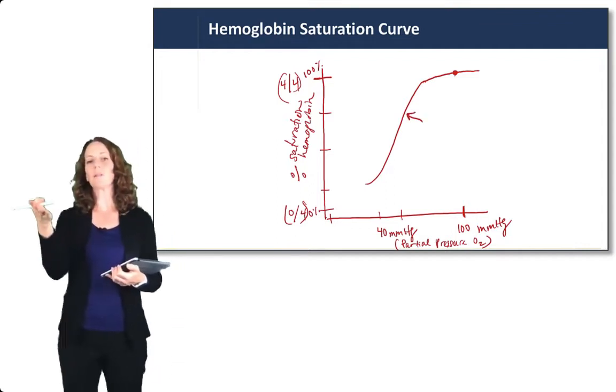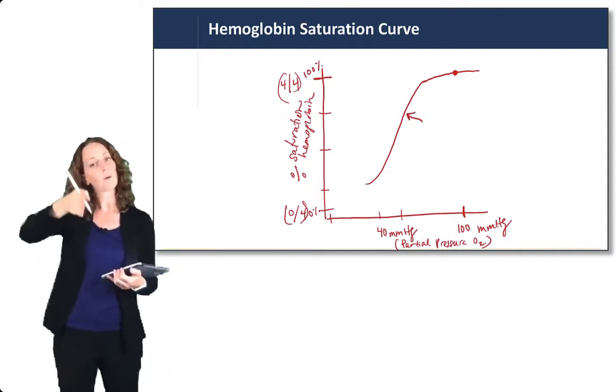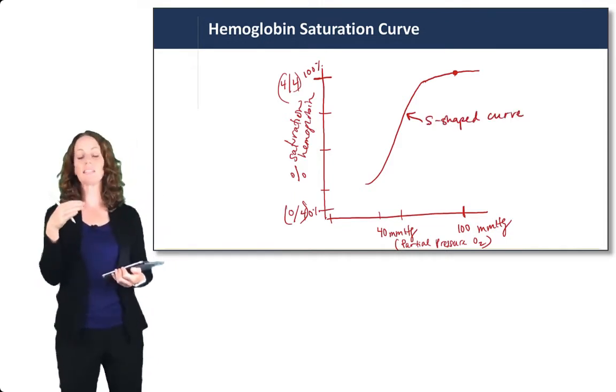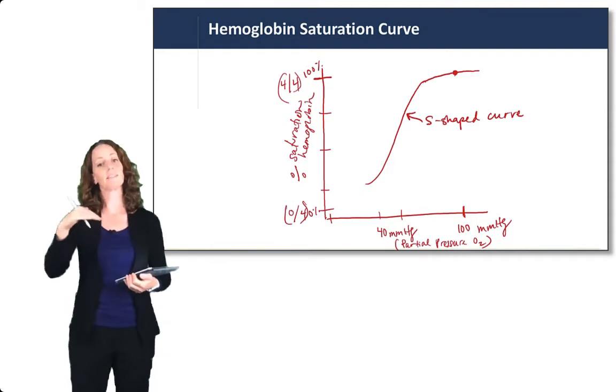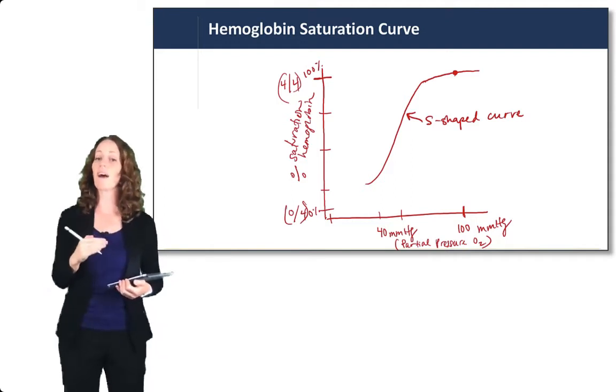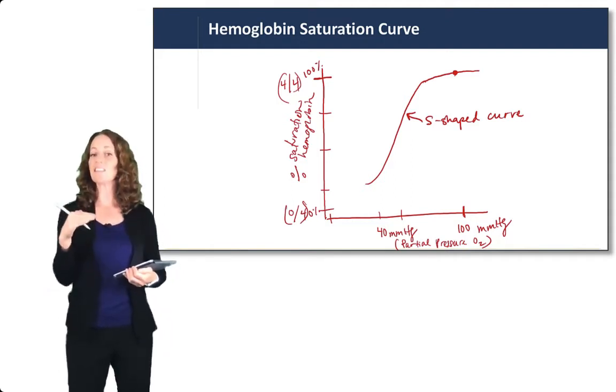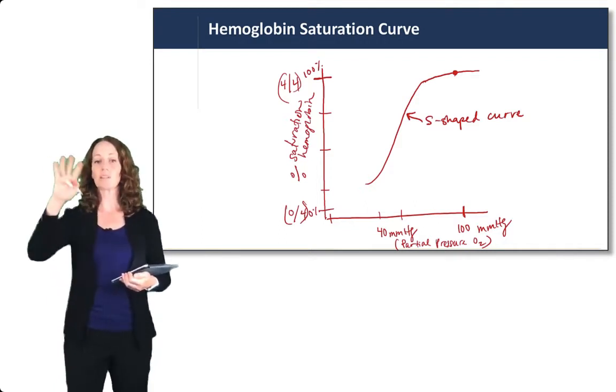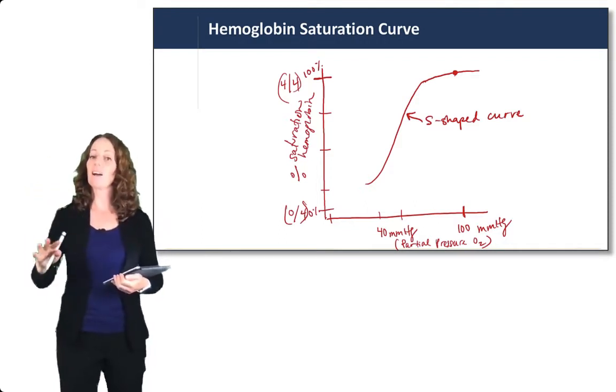So this is where the hemoglobin saturation curve forms an S shape. And what that means is that when the hemoglobin gets into very oxygen-poor environments, it's going to see that those environments need more oxygen, and it's going to start to drop off that oxygen.